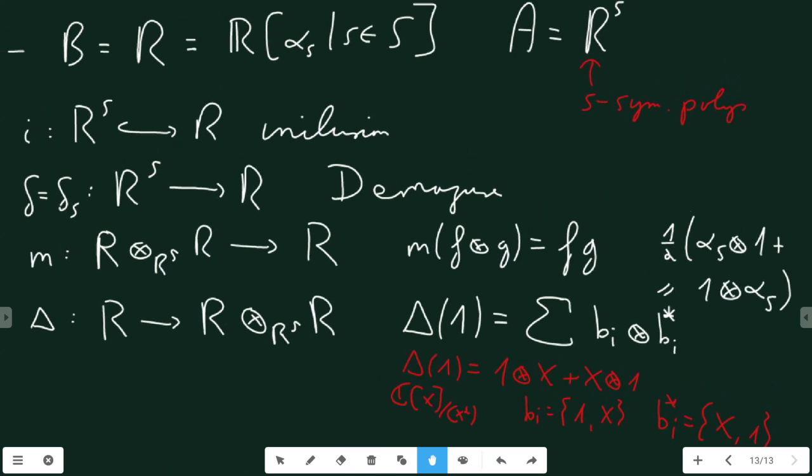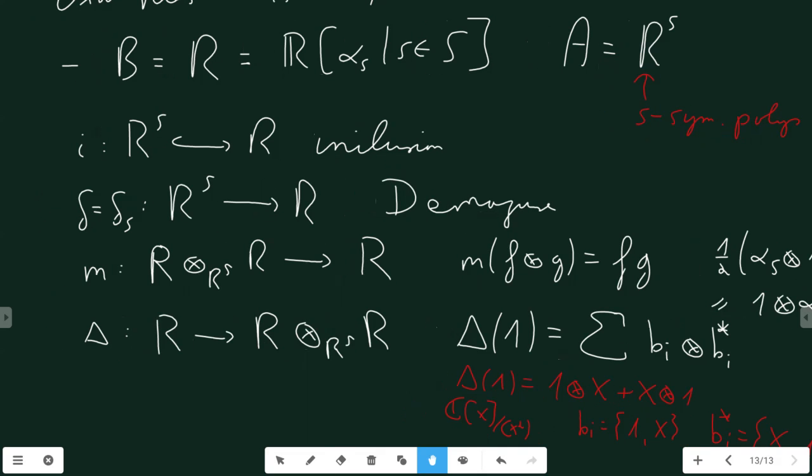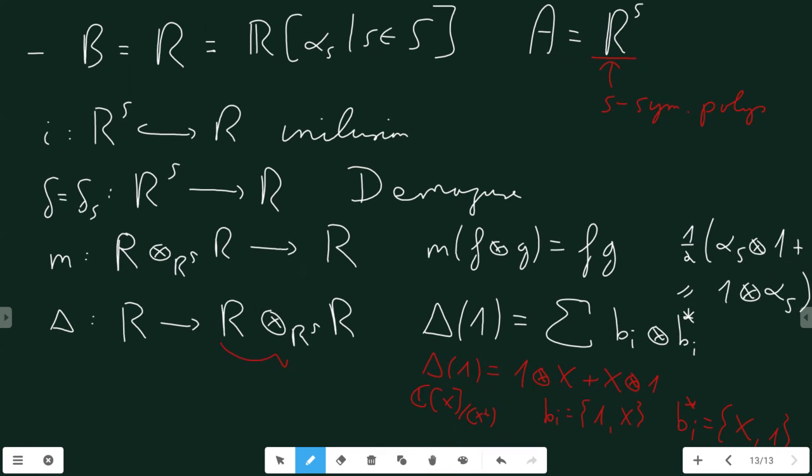Okay, let me summarize this example. Here's another instance of a Frobenius extension where symmetric polynomials are the ground ring, and the polynomial ring itself appears. And if you stare at this for a second, this is actually nothing else than BS itself.